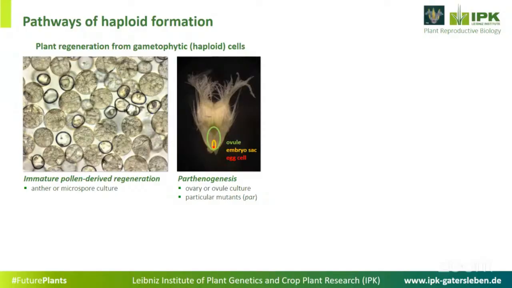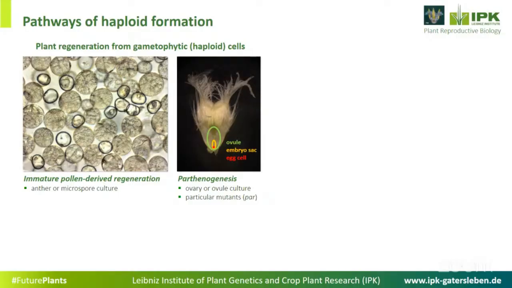Haploid technology actually relies on the formation of haploid plants, and haploid plants can typically only be obtained from haploid cells. So the cellular origin of haploid plants is always a haploid cell, and these haploid cells mainly occur in the gametophyte.